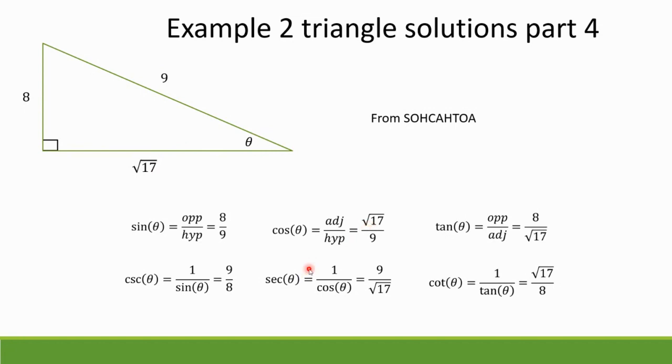Secant of theta is 1 over cosine of theta. If this is what cosine is, you flip it, and you get 9 over radical 17.